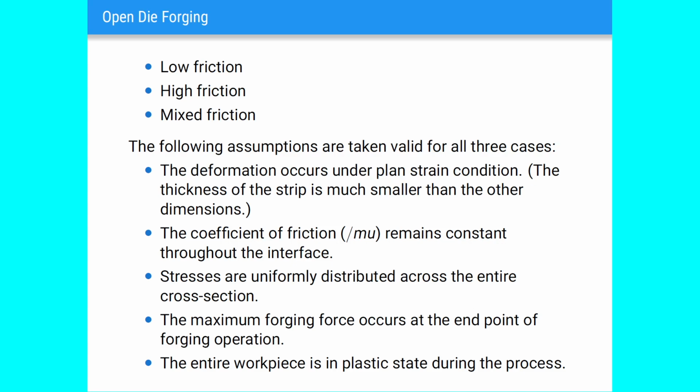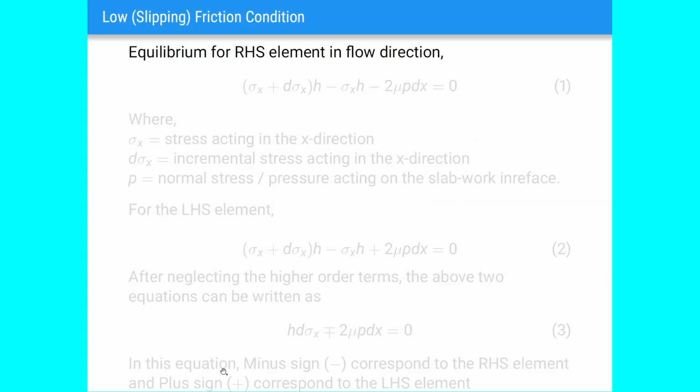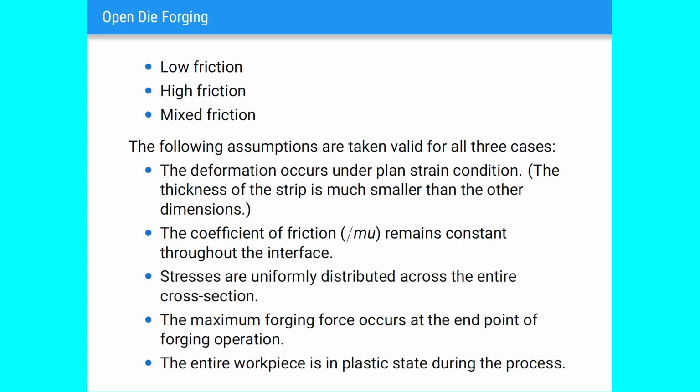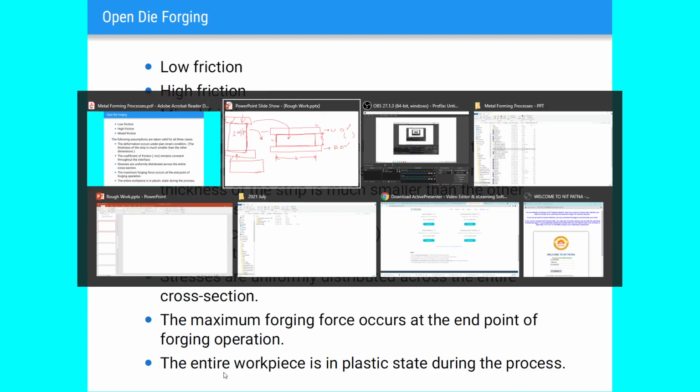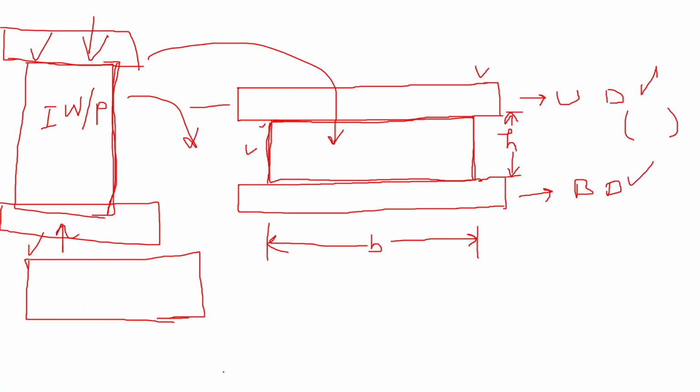It is not in the elastic state. There is only a plastic state during the operation of open die forging. Okay, so with these assumptions, we will move ahead and carry out the slab analysis of the open die forging process.